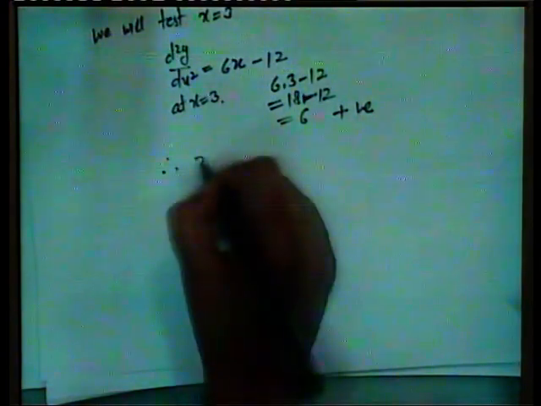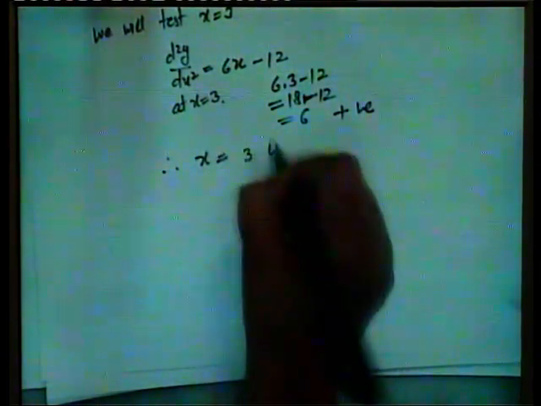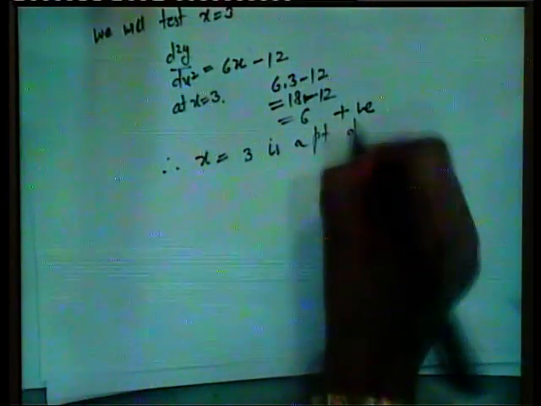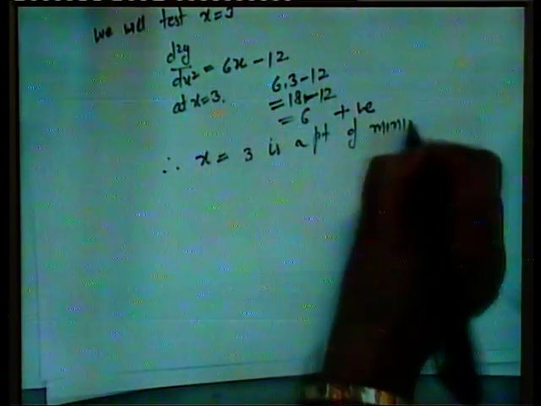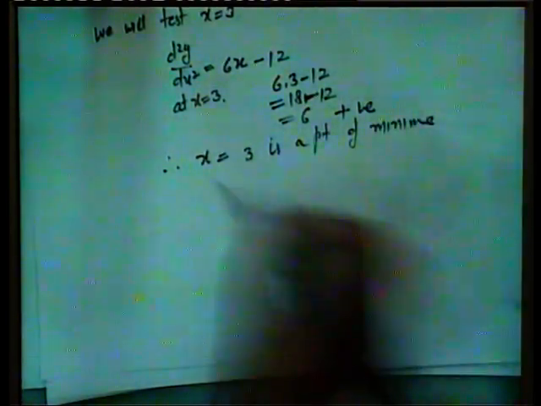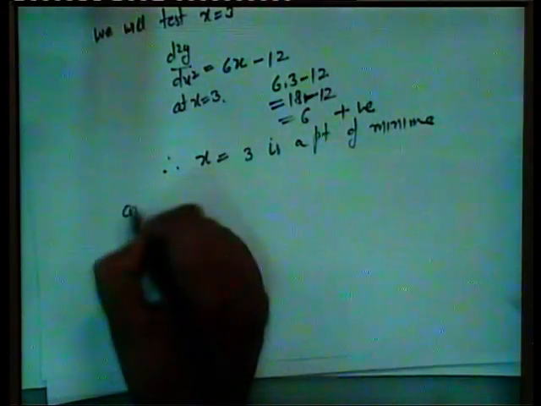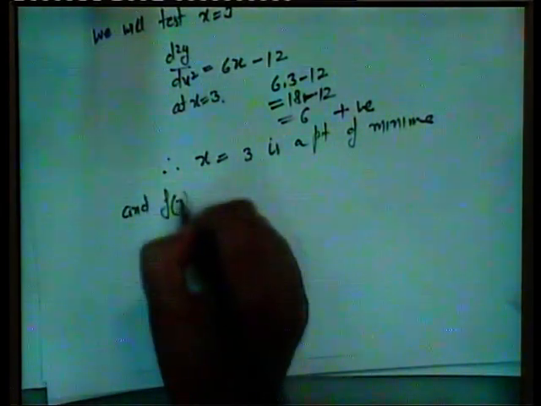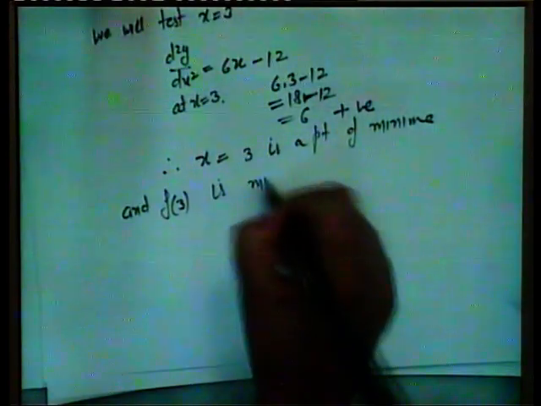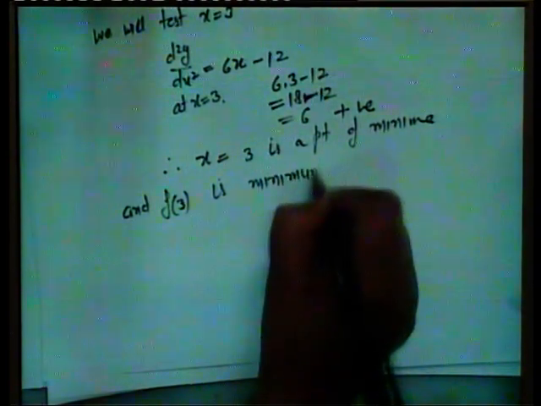Therefore, x is equal to 3 is a point of minima, and f(3) is the minimum value.